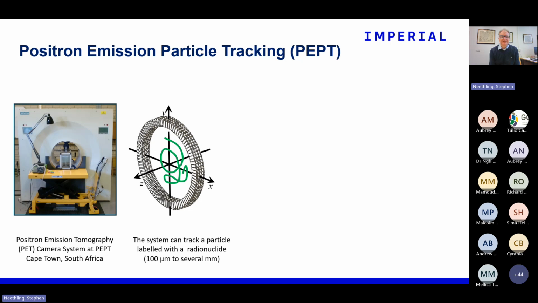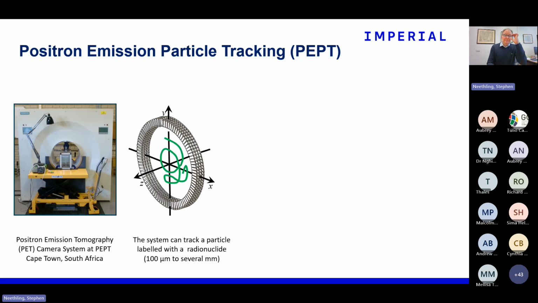So this technique was first developed in Birmingham. I suppose our group's main contribution in this area is working on two things. First of all, how do you actually use the data that you're generating from these PEPT measurements, and improving the tracers that we're actually using to do the measurements.